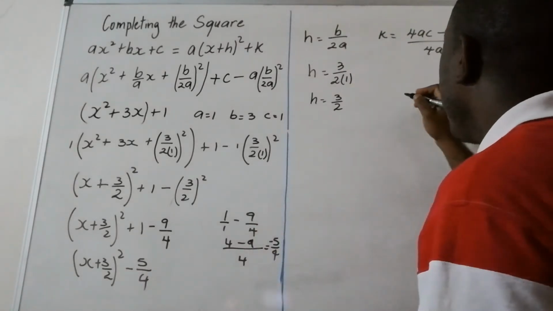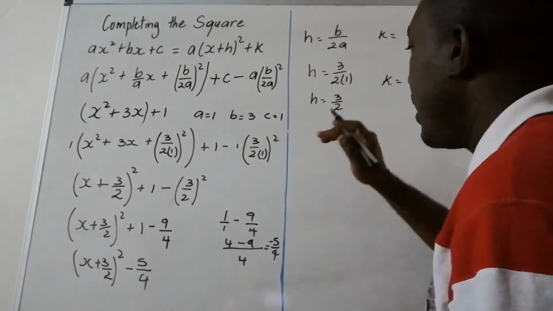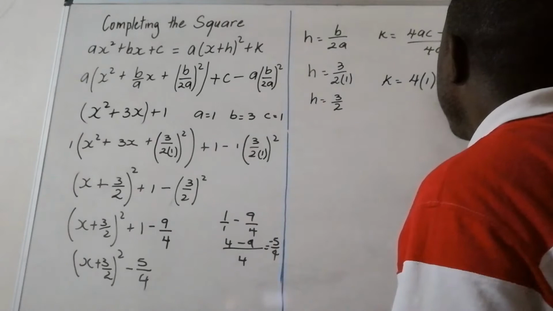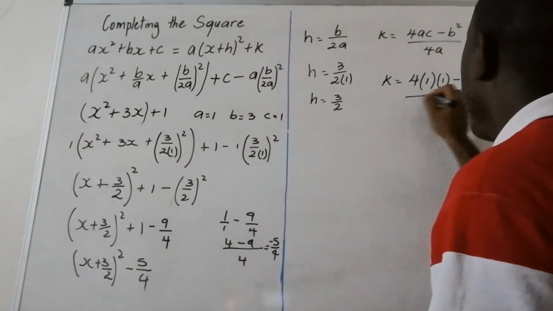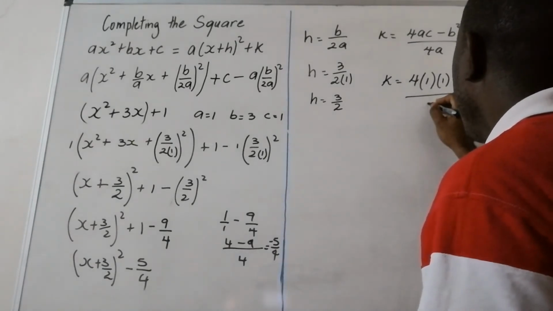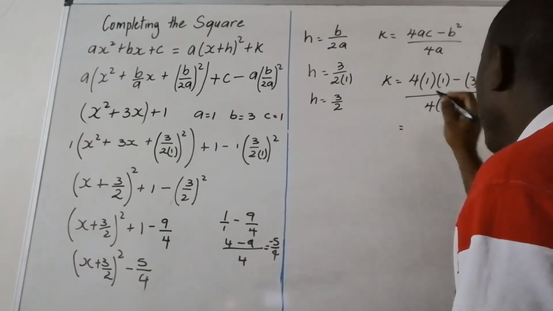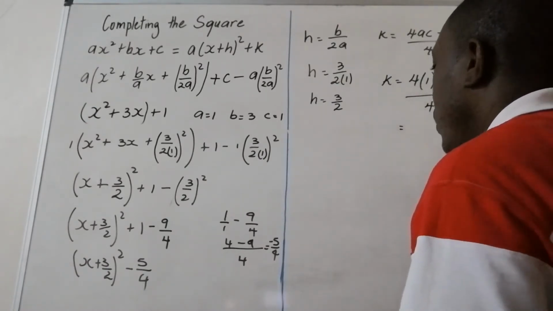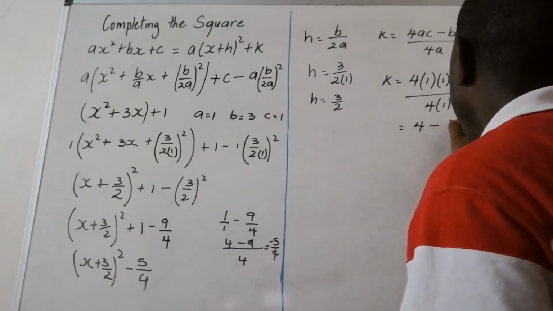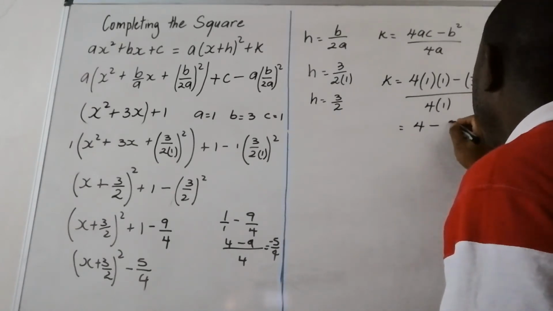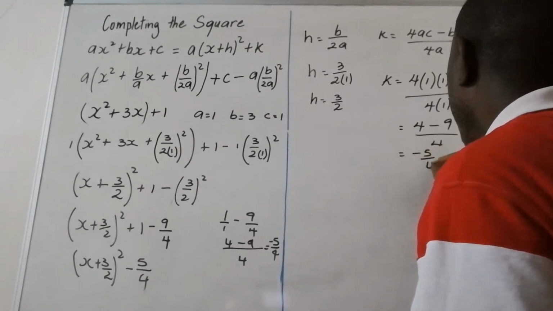Now to find what k is. k is equal to 4 times a, where a is 1 and c is also 1, minus 3 squared, over 4 times 1. That will give us 4 minus 3 squared, which is 9 over 4, which will give us minus 5 over 4.